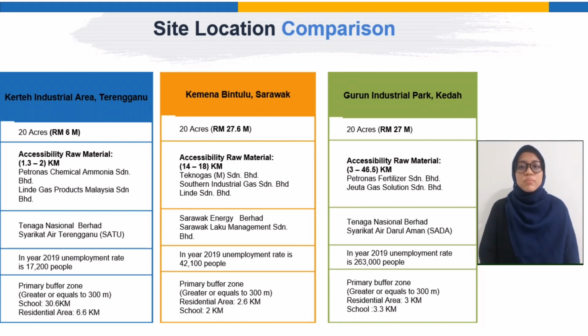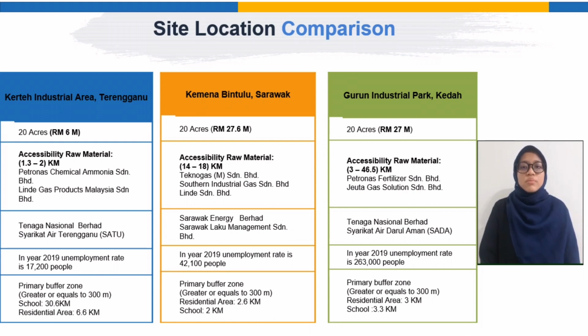For power supply, Gurun and Kerteh obtain from Tenaga Nasional Berhad, while Sarawak will get the power supply from Sarawak Energy Berhad. The water supply will be obtained differently according to the state, and the price range will be different.